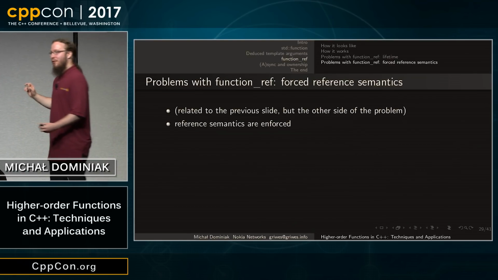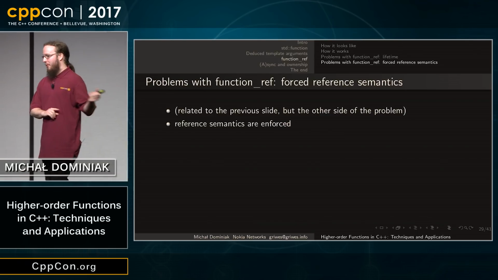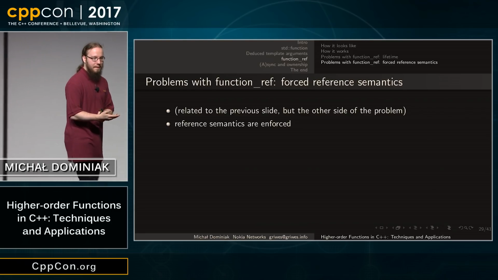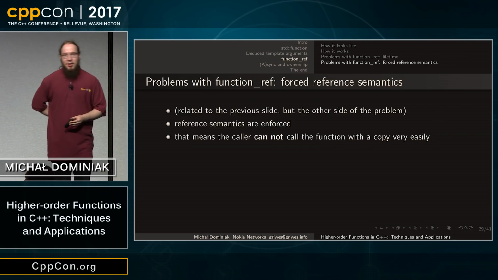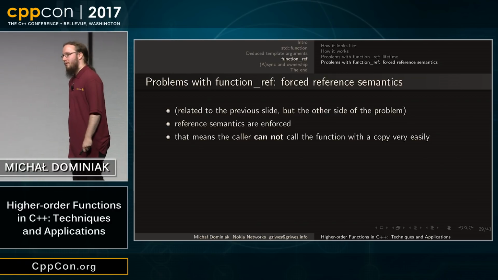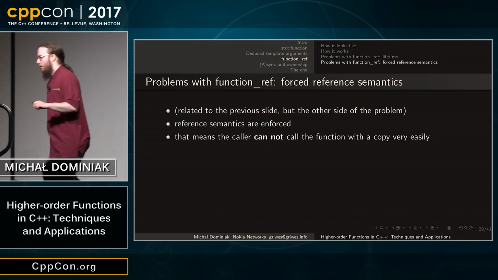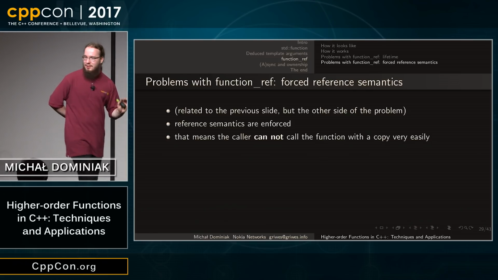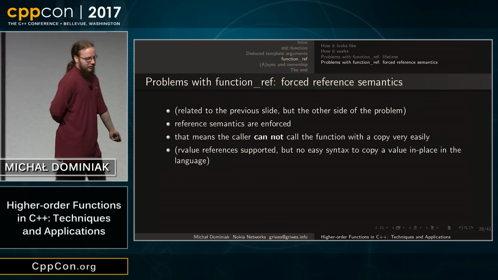So, function forces reference semantics. This is the same problem as on the previous slide, just the flip side of it. And this means that it's not very easy to pass a copy of the value that we have. If we explicitly don't want to pass the object we have by reference, we know that in a given case it's safe and we want to pass a value, there is no easy syntax to do this.